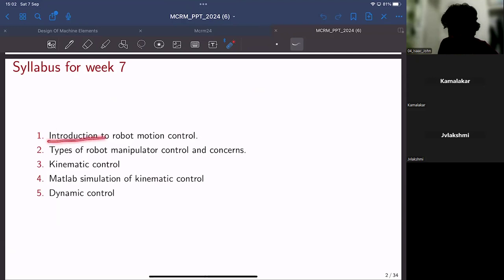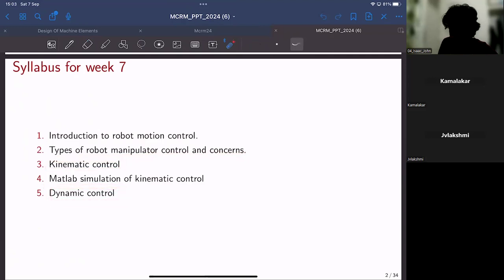A brief introduction and history of the development of robot motion controllers was discussed. We have also seen different types of robot manipulator controls and their concerns. We have seen majorly two classifications of control: the first being kinematic control, and then dynamic control.